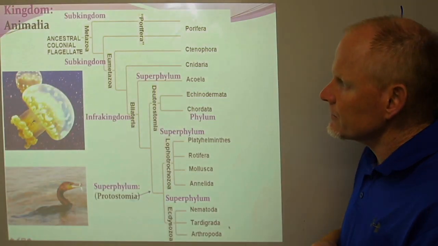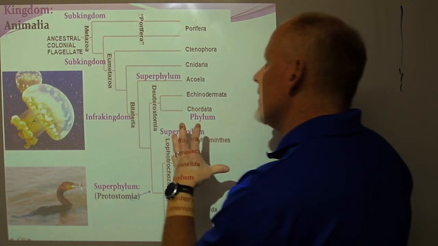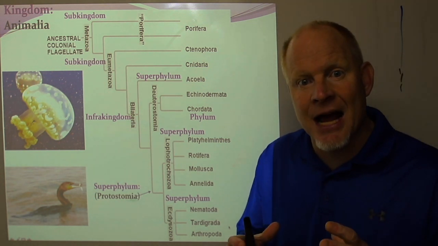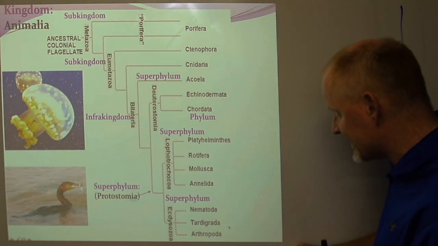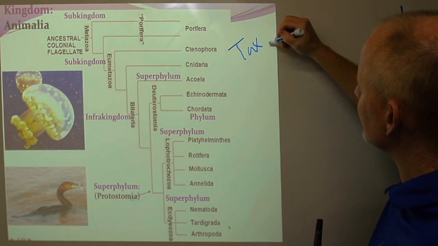So let's take a look at this particular phylogenetic tree. And as you can see in purple, I've added what they call taxonomic grades onto this. So I've added the taxonomy to it.